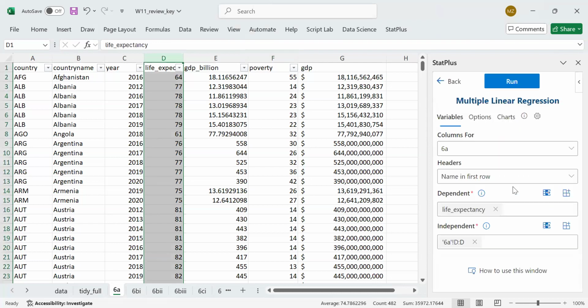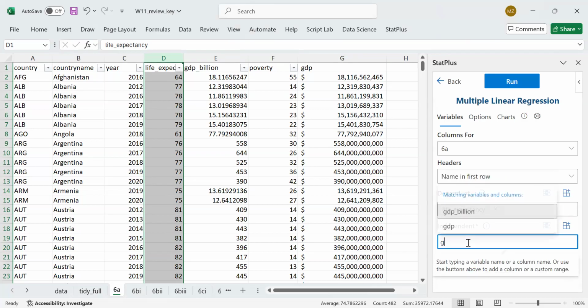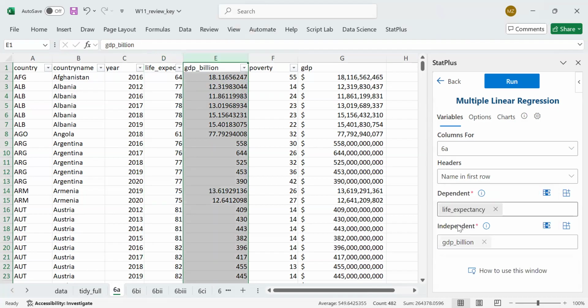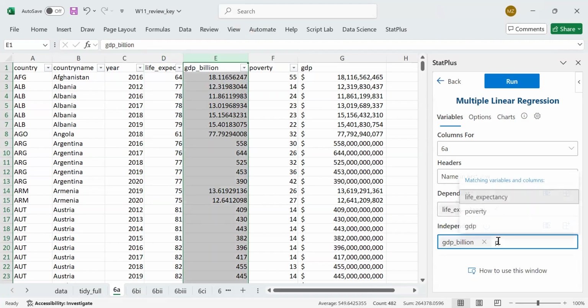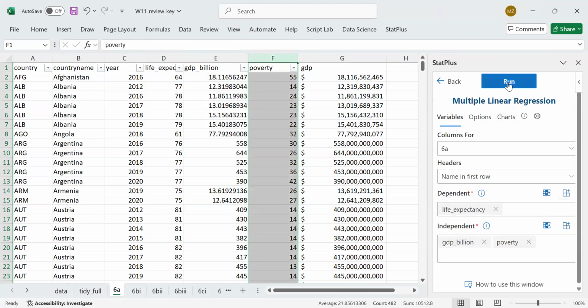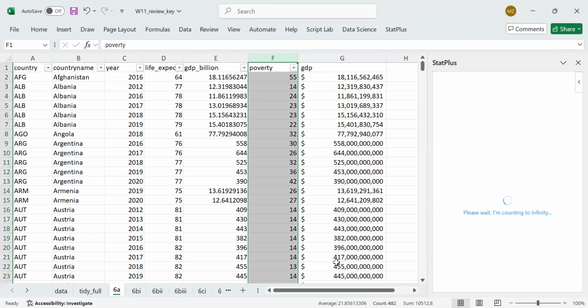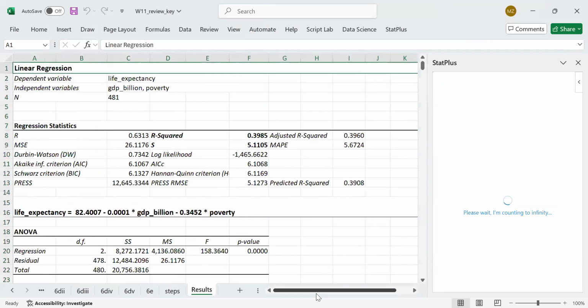One is your GDP per billion, and then the other is your poverty, right? And you can then run this. Is the dependent the Y range? Dependent is always the Y range, because you're trying to predict it.